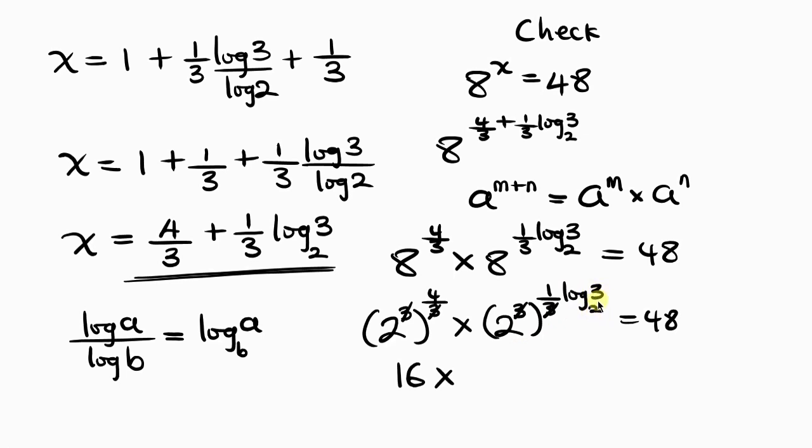So notice that the base here is 2 and the base of the log is also 2. So I'm going to be taking the number, which is 3. So what I have here will be 3. And this is equal to 48, which is on the right hand side. So the left hand side is 48 and the right hand side is also 48, making our answer valid.